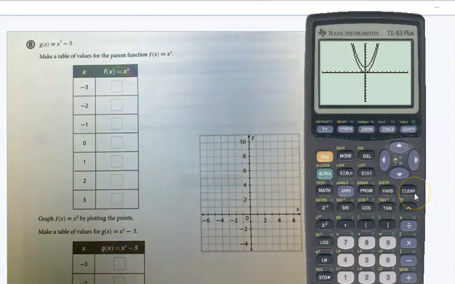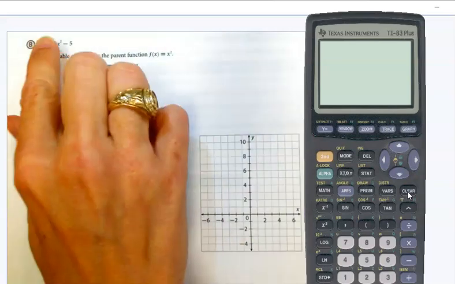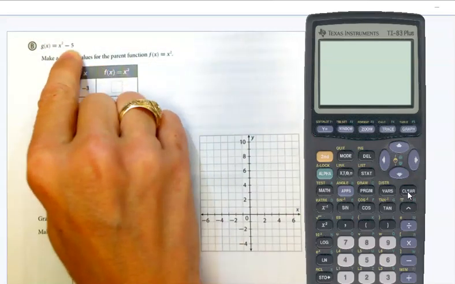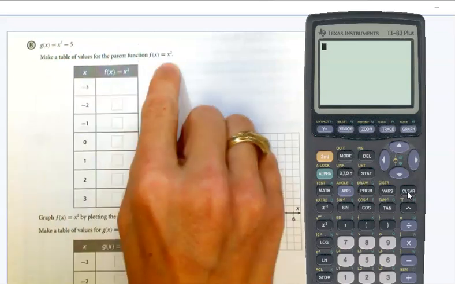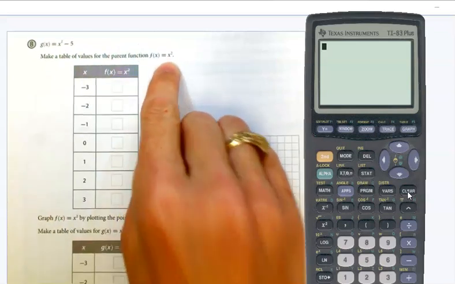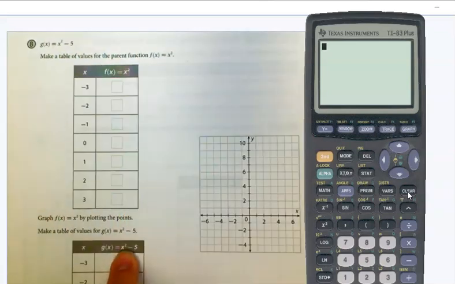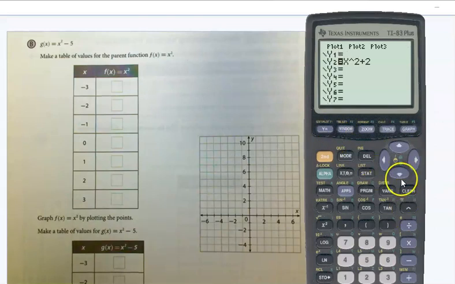Okay, and now I am on page 788, and we're going to look at making this translation. So we're going to plot the parent function, which is, remember, just x squared, and then we're going to plot a new function and show that because it's minus 5, it's going to translate the whole parabola down 5 units. Okay, all right, so clear out all of this.